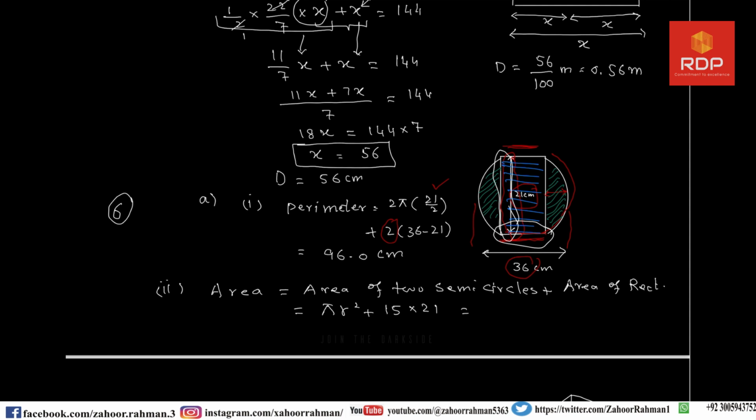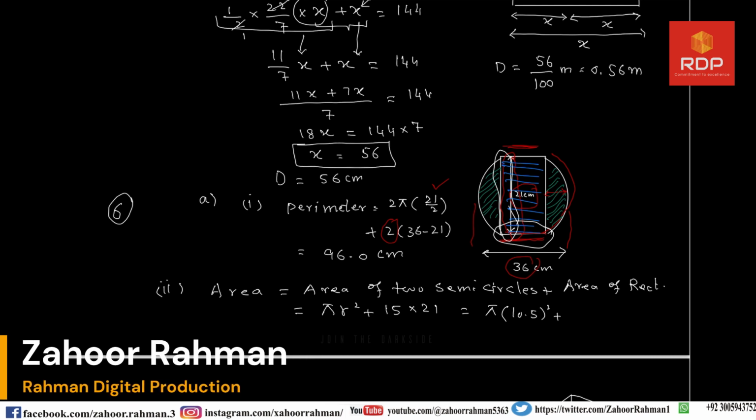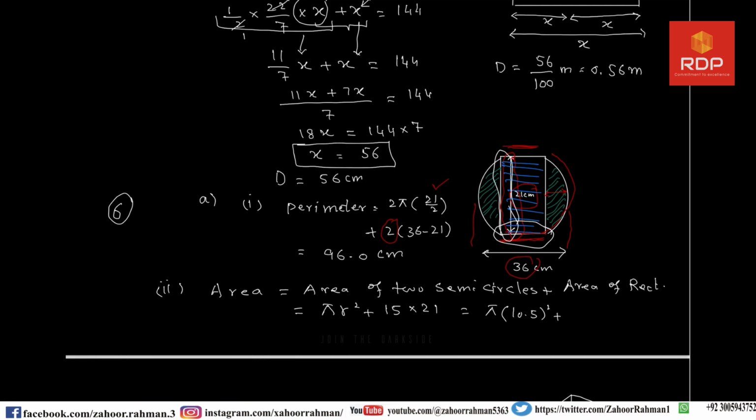Now putting the values of pi and r, which is given to us as 10.5. How? Because half of 21 is 10.5, so that will be the radius. And here I have to calculate this, and this will be equal to 315 when we multiply these two values.